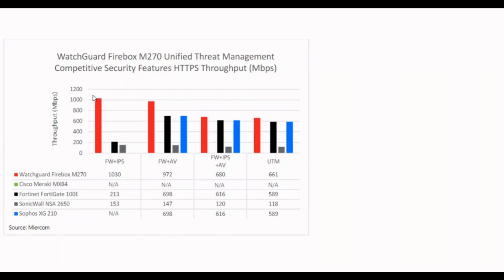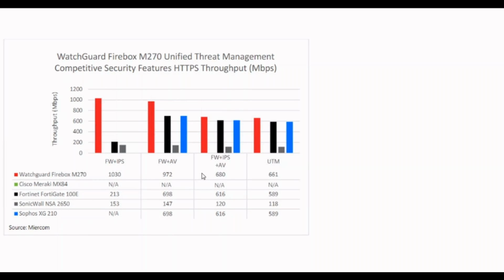And here we have this source from Miercom, a report from a third party that did the testing for the M270, which is the entry point of our rack-mounted devices, against other brands like Cisco, Fortinet, SonicWall, and Sophos. And as you can notice here, when it comes to the firewall plus IPS, there will be some similarities in how the services are running.